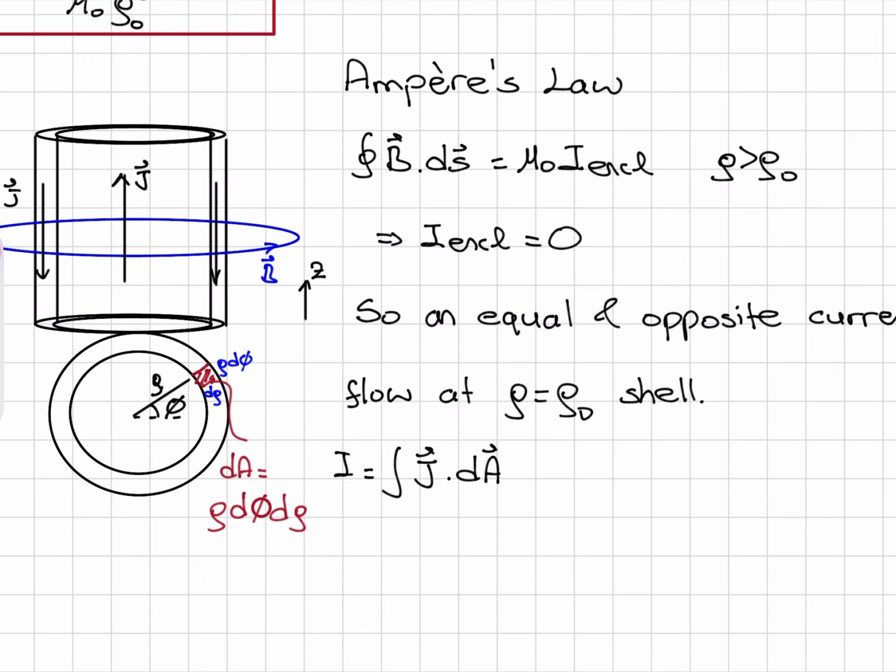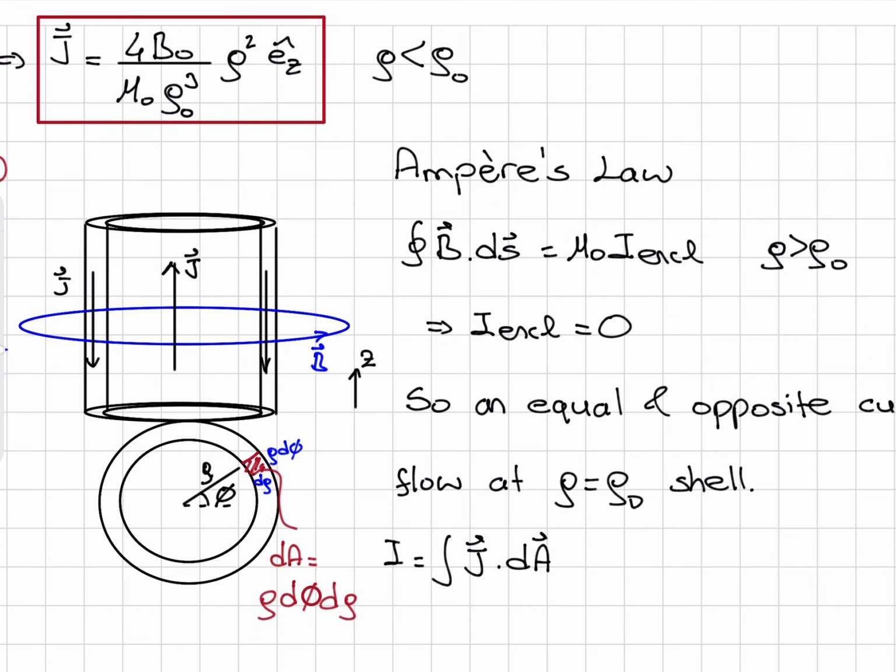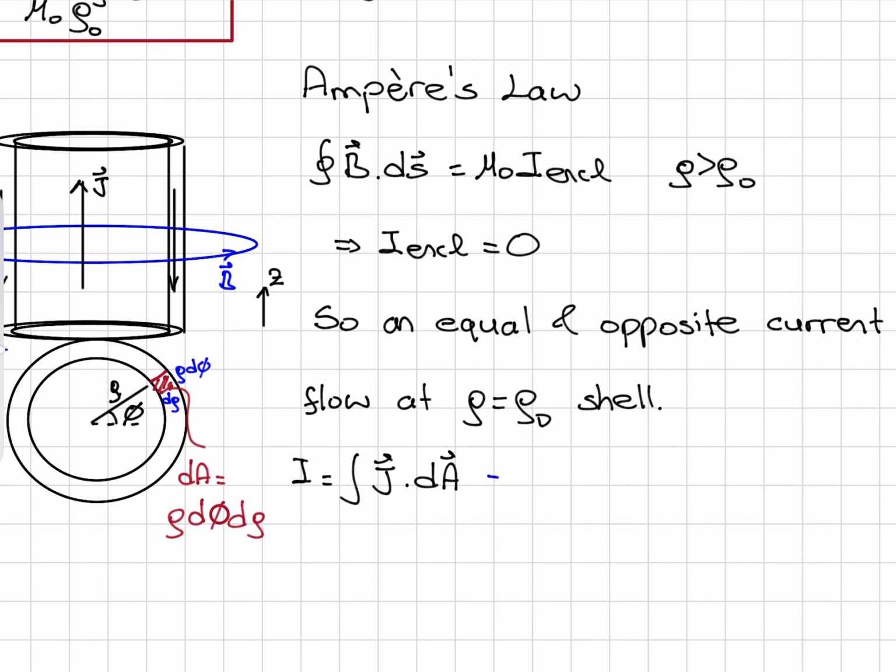And that area vector, by following the current direction, is going to be perpendicular to this area. So I have the dot product.